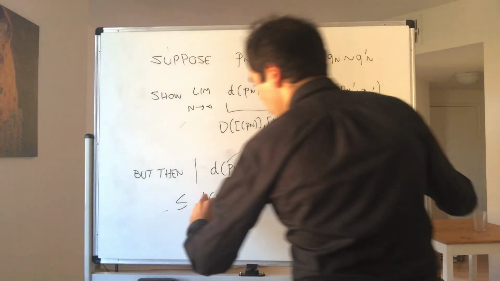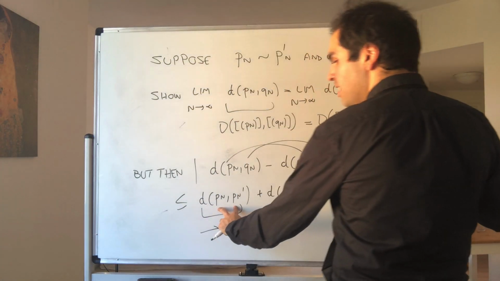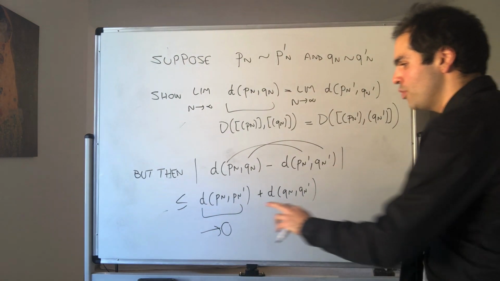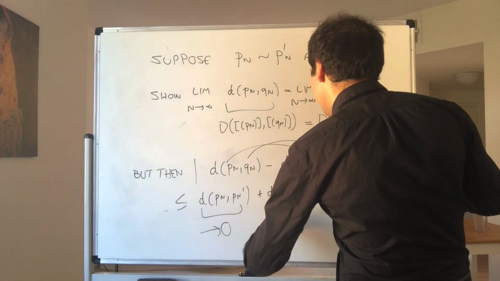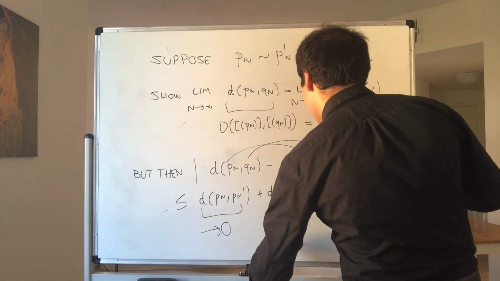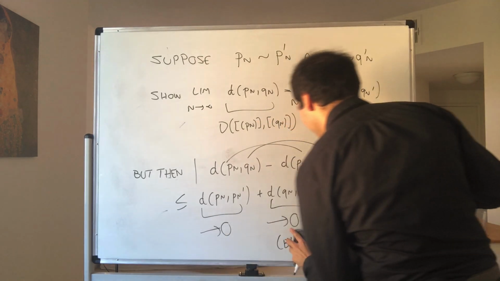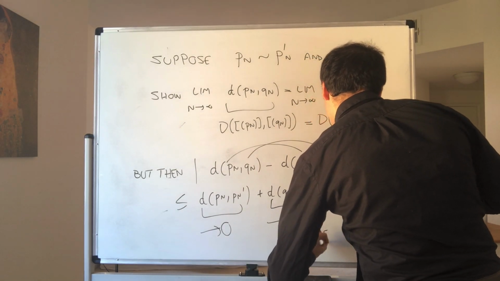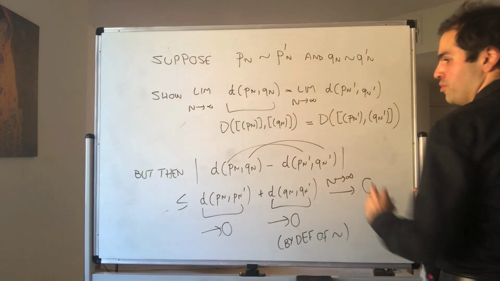But as n goes to infinity, this goes to 0 because of the definition of squiggle. Remember, squiggle means eventually this distance goes to 0. And similarly, this distance goes to 0 as n goes to infinity. So by definition of squiggle, eventually if you let n go to infinity, this actually goes to 0.